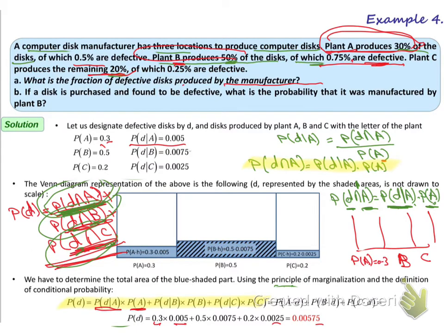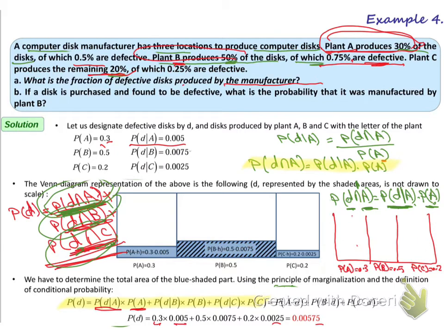The probability of B will be 0.5, and the probability of C, so this is the probability of each one of them.